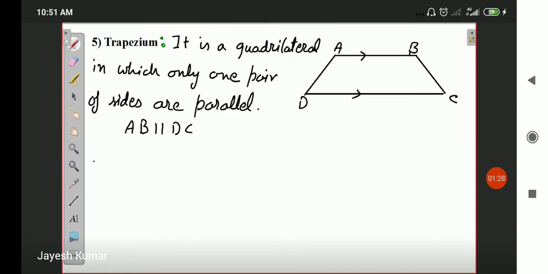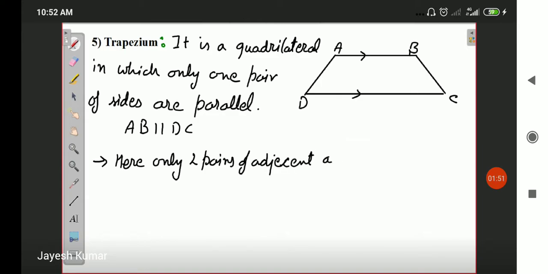What is more to the trapezium? Only two pairs of adjacent angles are supplementary.